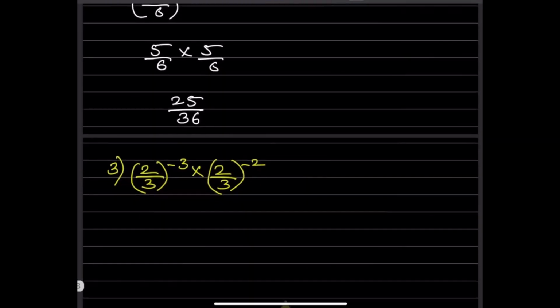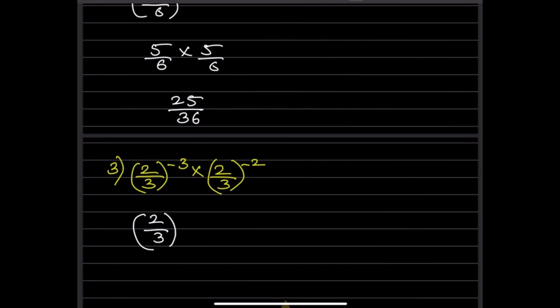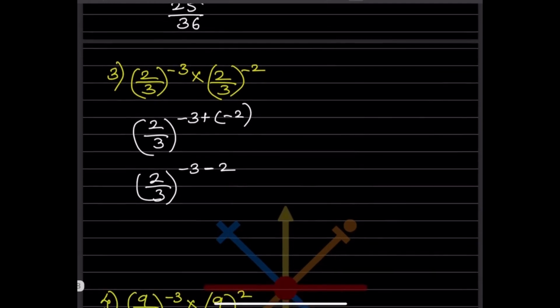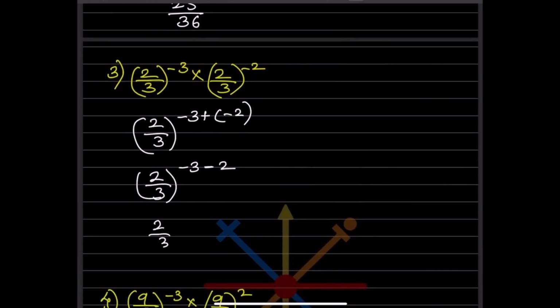So the next one, again you can see the base is the same. So you are going to add the exponents. So that is going to be minus 3 plus or minus 2. So here 2 by 3, minus 3 plus minus is going to be minus. So here 2 by 3, minus 3, minus 2, whenever it is, we are going to add this one, so this should be added, but the sign remains the same.